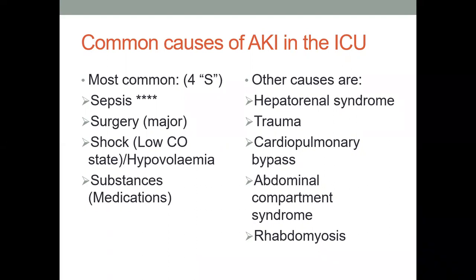Major surgeries like heart and major vessel surgery, shock states, acute decompensated cardiac heart failure, cases of hypovolemia, and substances like medications. These are the 4S. Other causes are hepatorenal syndrome in case of liver failure, trauma, cardiopulmonary bypass, abdominal compartment syndrome and abdominal sepsis.